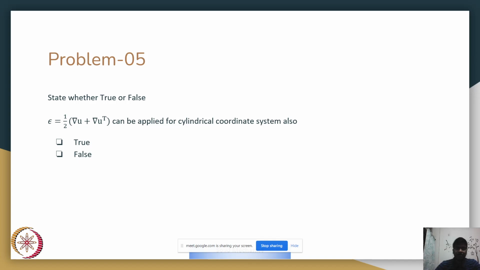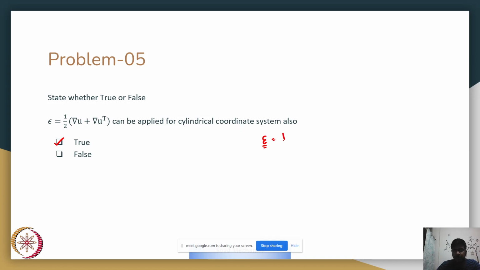Okay, the fifth problem, again a true or false statement. Epsilon equal to half of grad u plus grad u transpose can be applied for the cylindrical coordinate system as well. True, right? This is a simple tensor equation.